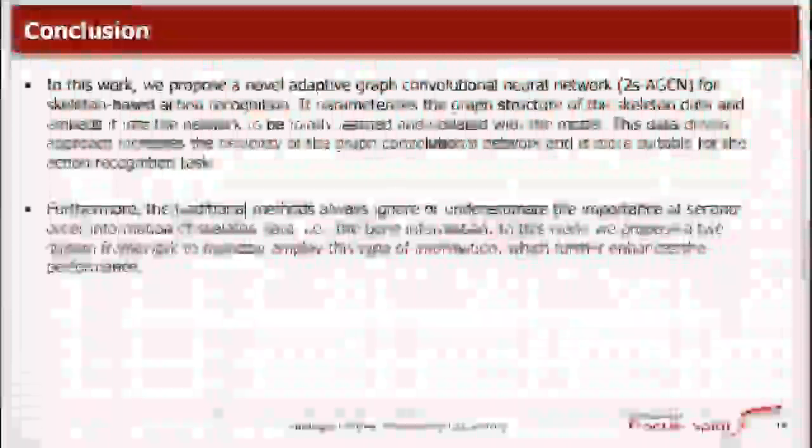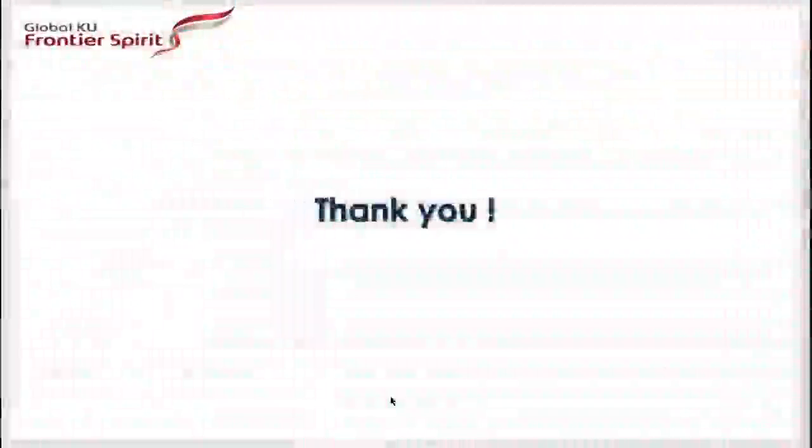Furthermore, the proposed method uses bone data for training, which also improves the performance and further enhances the accuracy of action recognition. So this is the end of my presentation today. If you have any questions, just feel free to ask.